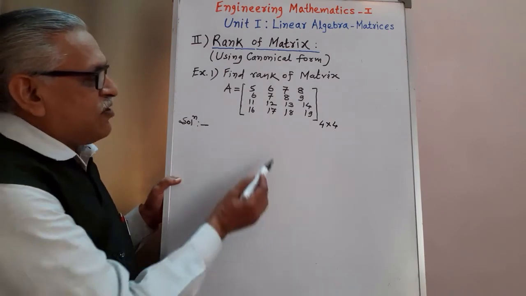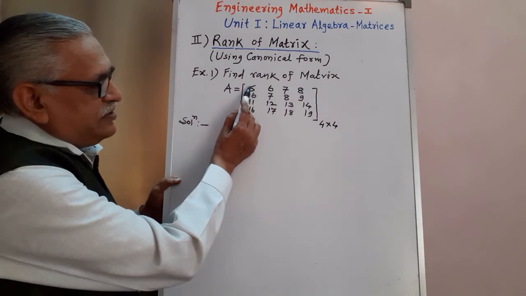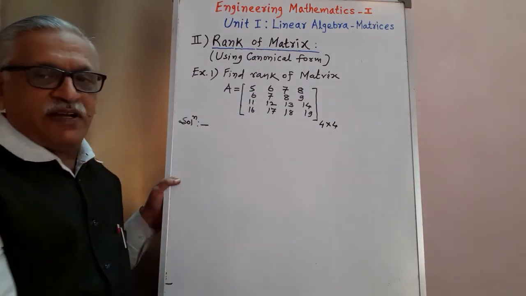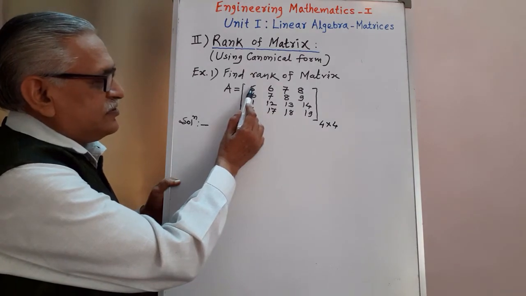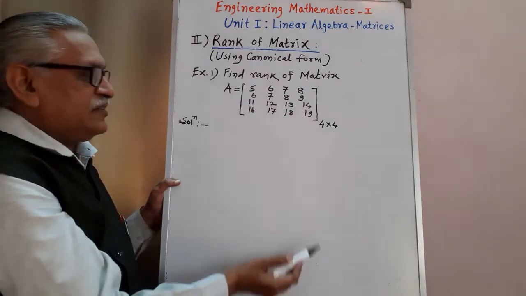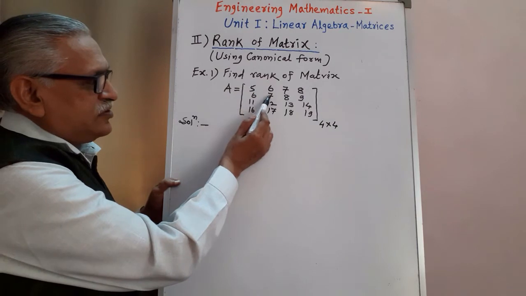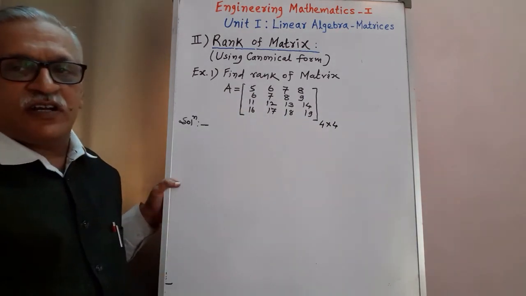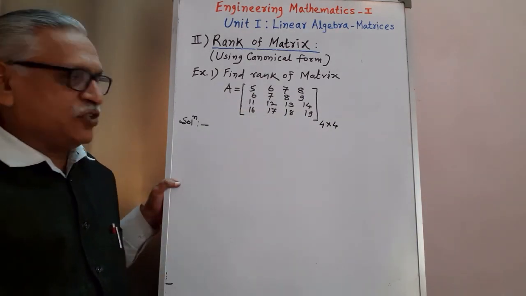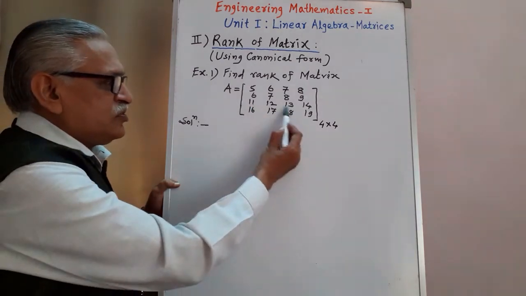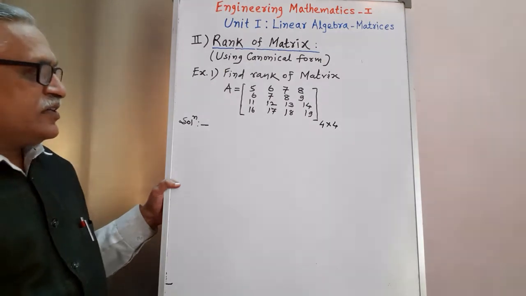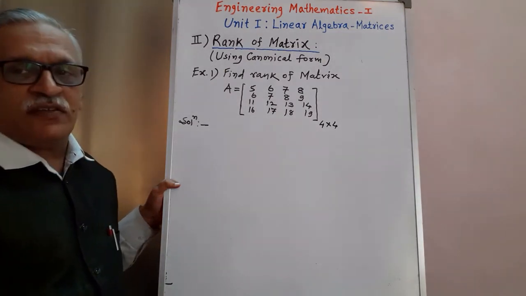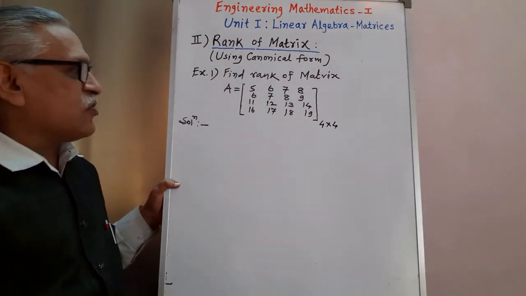In the canonical form, we have to convert the principal diagonal elements. The principal diagonal is the diagonal from left to right. All these diagonal elements we have to convert to non-zero and the rest to 0 by applying elementary row transformations. That form is called a canonical form or equivalent form.